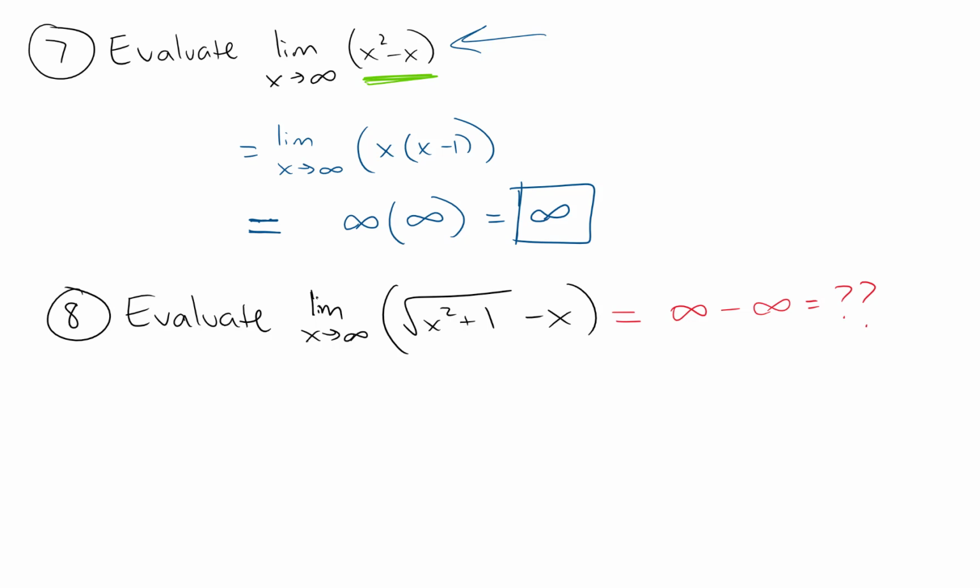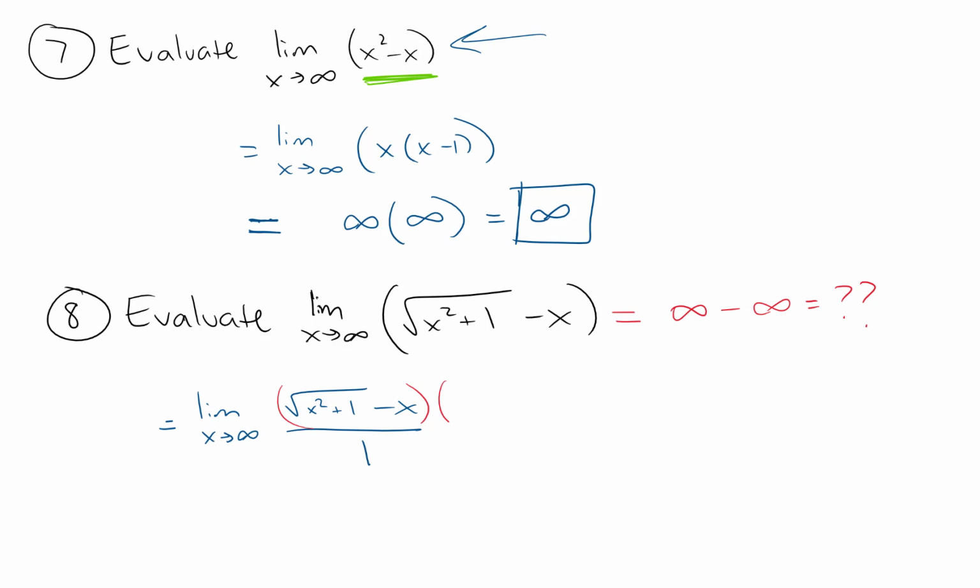So we need to find some way to rewrite this expression. In the past, anytime we had square roots and needed to rewrite it, we used conjugates. And the key of conjugates is that you can multiply the numerator and the denominator by the conjugate and end up with something equivalent. Well, we don't have a denominator, but of course we can write anything over 1 and it becomes a nice fraction.